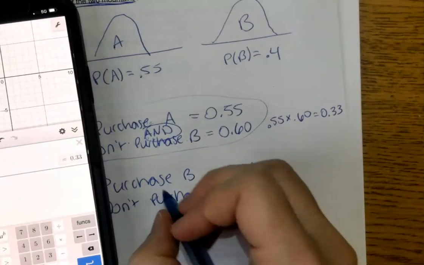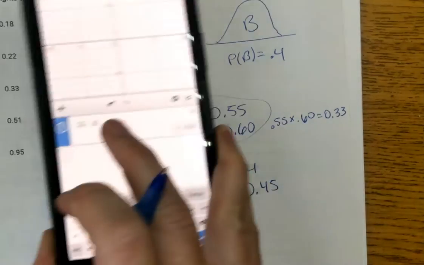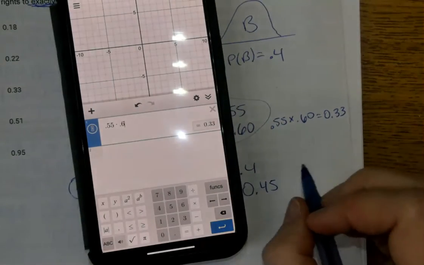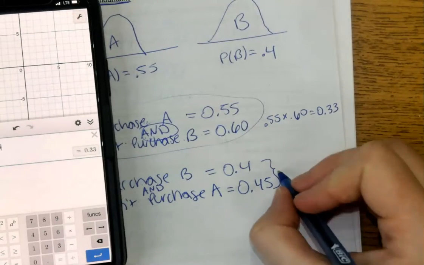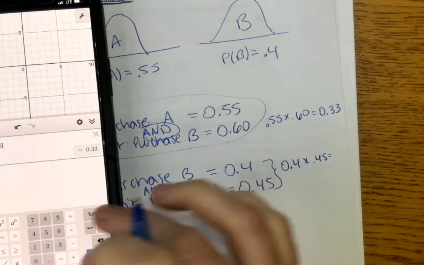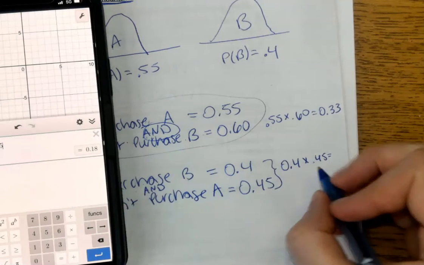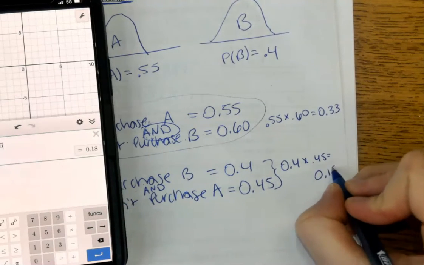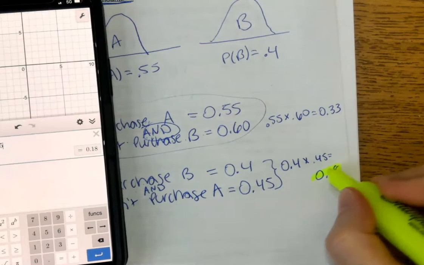Then I'm going to do the same down here because I need to purchase B and not purchase A. So I'm going to multiply these two, 0.4 times 0.45, which gives me 0.18.